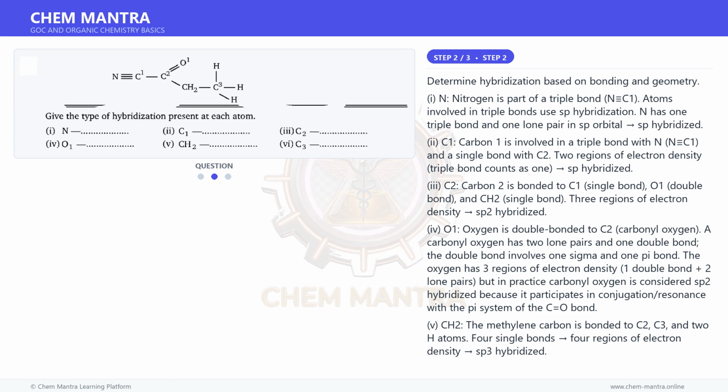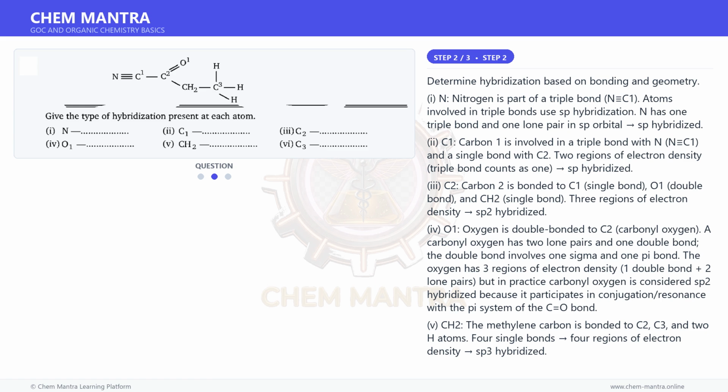3. Carbon 2 is bonded to C1, single bond, O1, double bond, and CH2, single bond. 3 regions of electron density, so sp2 hybridized. 4. O1 oxygen is double bonded to C2, carbonyl oxygen. A carbonyl oxygen has 2 lone pairs and 1 double bond.